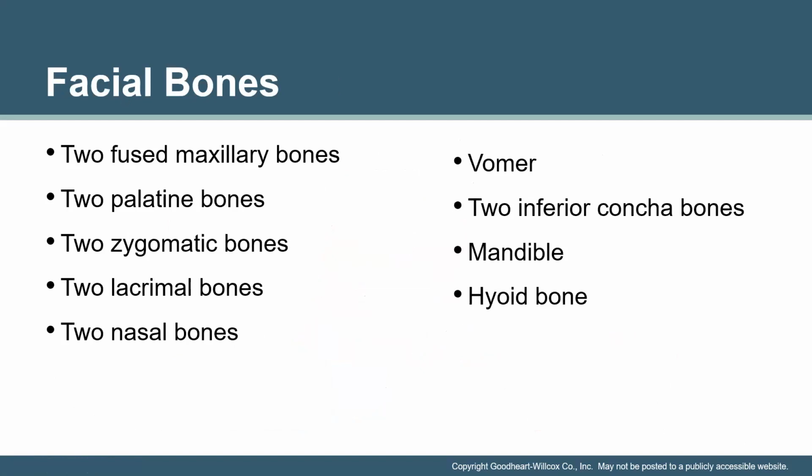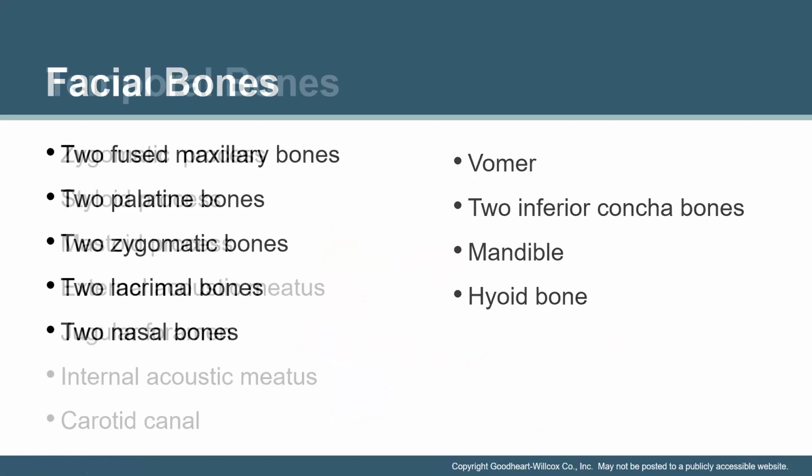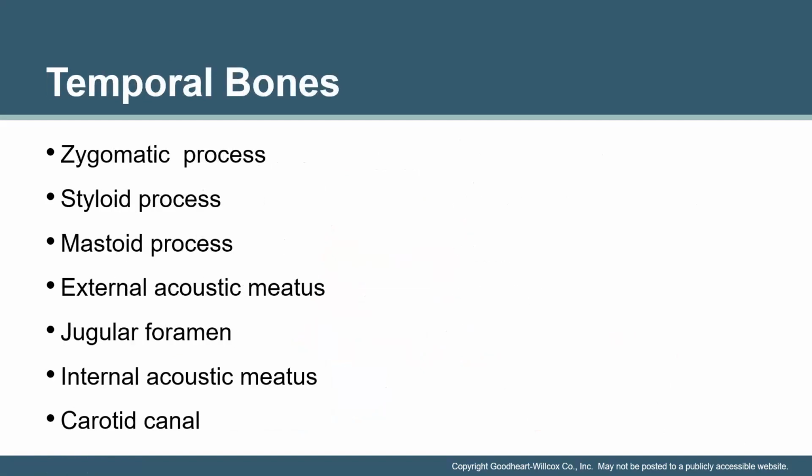Also within, let's go back up here to this slide. The jugular foramen, the internal acoustic meatus. Okay, we talked about the external acoustic or auditory meatus. You're also going to have an internal acoustic meatus and a carotid canal.